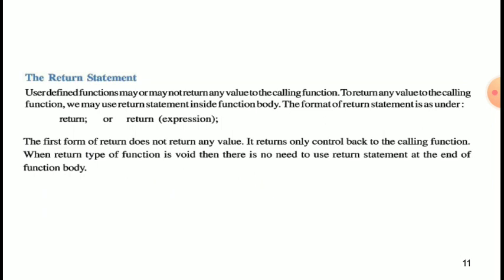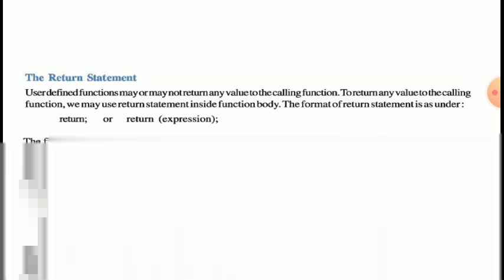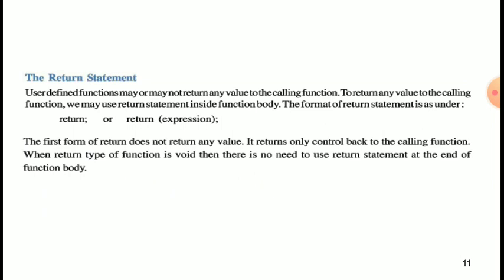So next, the return statement. User-defined functions may or may not return any value to the calling function. To return a value to the calling function, we may use a return statement inside the function body.